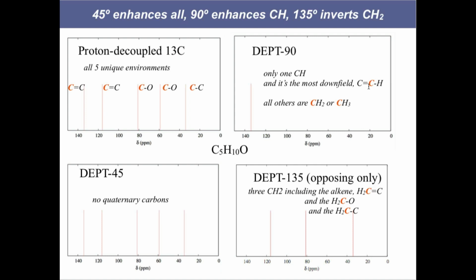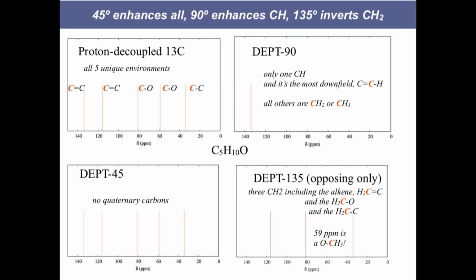So we've got a CH carbon double bonded to a carbon and a CH2 carbon double bonded to a carbon. We also have one of our C single bond O's, the 81 peak here. That C single bonded to an O was a CH2. And we've got our peak down here at about 35, which is our C single bonded to a C, also a CH2.